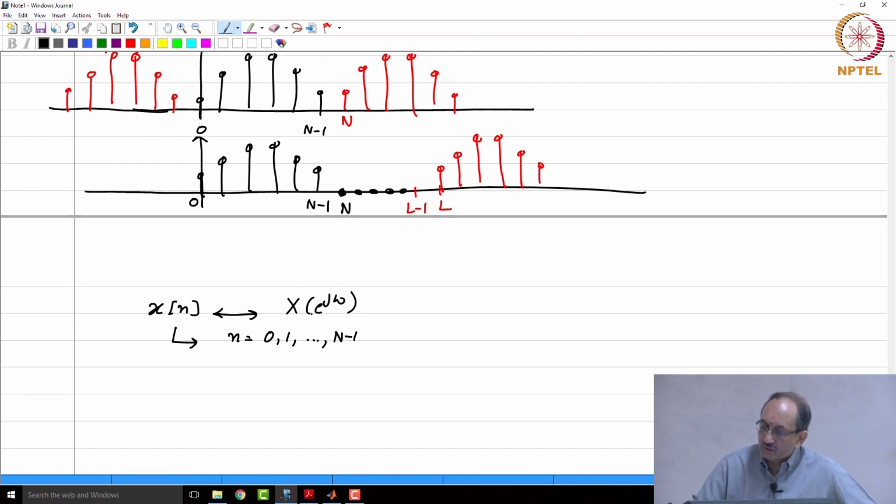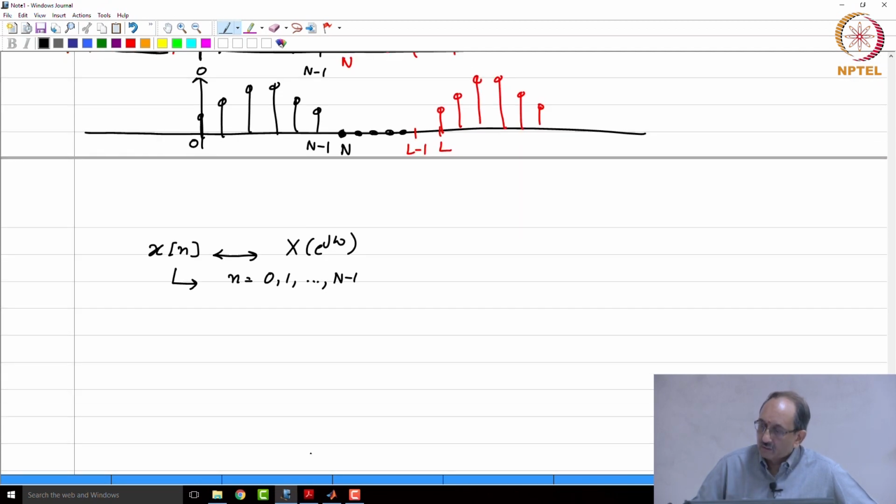For this sequence you have this x of e to the j omega, alright, and hence x of e to the j omega is the sum over n going from 0 to n minus 1 of x of n e to the minus j omega n.